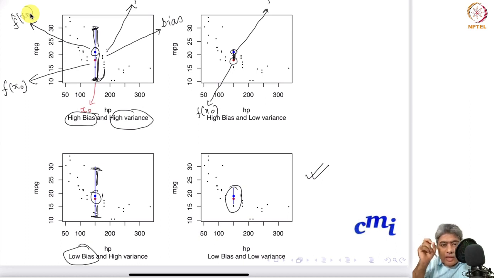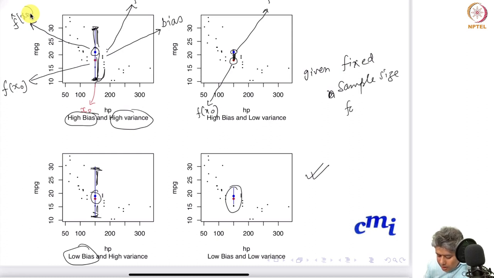However, here is the bad news that I am bringing to you. The bad news is that, given a fixed sample size n for training or fitting, whatever you call it, if you try to reduce bias too much, your variance will shoot up.